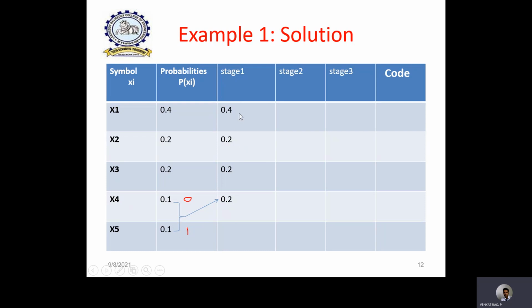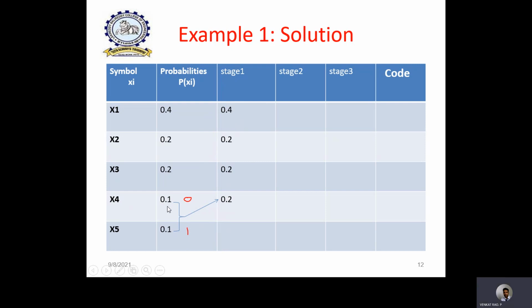Then the first step is again we need to arrange these probabilities in the decreasing order of their probability values. So after adding also, if this addition is greater than 0.5 or 0.4, suppose the sum is 0.5, then we need to place this value above this 0.4. Or if the sum is 0.3, then that 0.3 will be arranged above this 0.2.